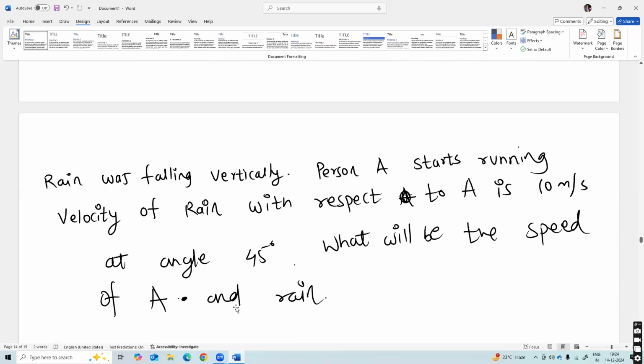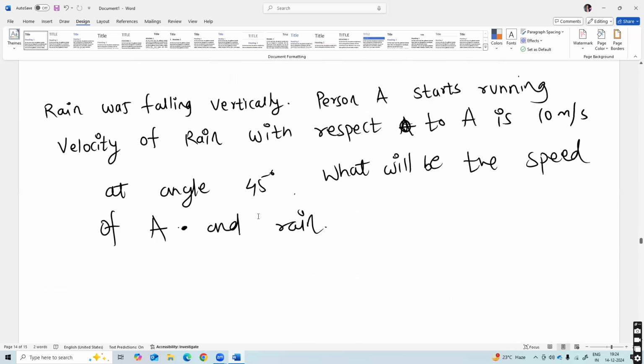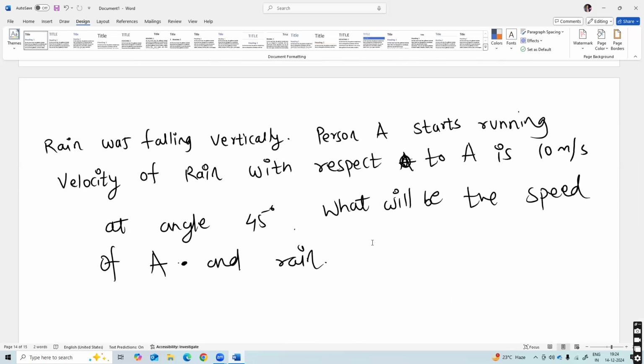So in this case the rain was falling vertically. Again, same case, rain is falling vertically. Then person A starts running, and velocity of rain with respect to A is 10 meter per second. So basically they have given the relative velocity of rain with respect to that person.